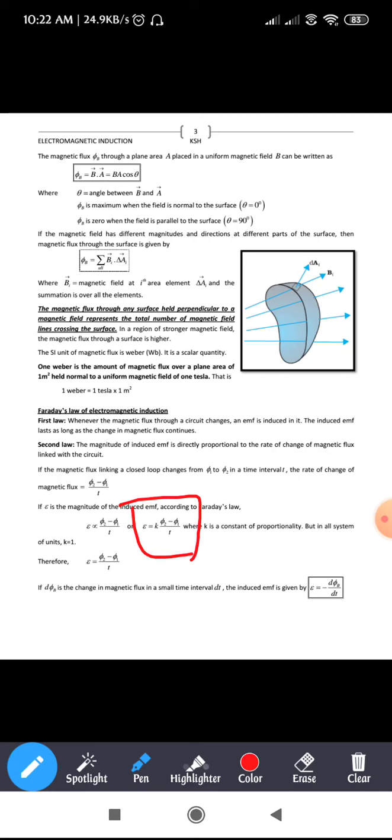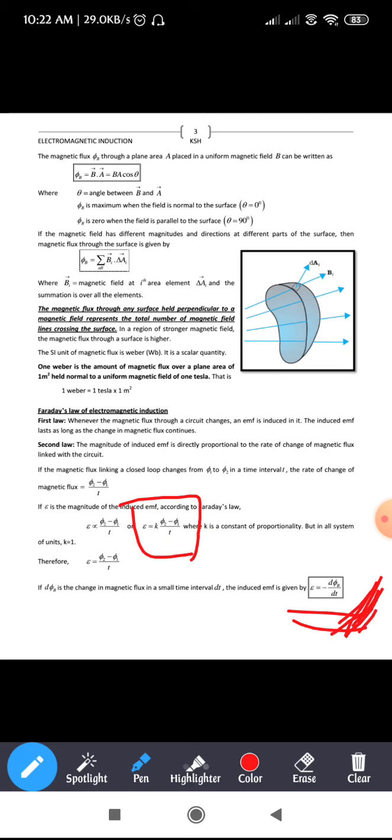So we replace that by E is equal to minus d phi divided by dt. This is the mathematical form of Faraday's second law.